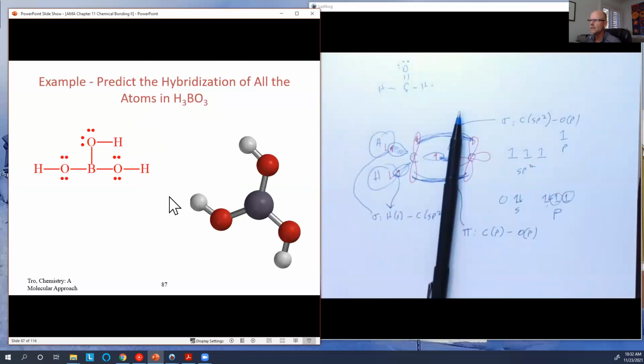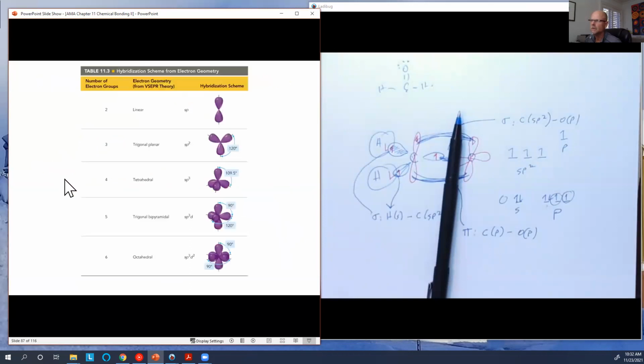So let's see if we can predict the hybridization on each of these atoms. So here we have 1, 2, 3, 4 interior atoms. Let's start with this one. How many electron groups? 1, 2, 3, 4. What's the electron geometry? Tetrahedral. So we go here and we see number of electron groups 4, tetrahedral. Aha, we know that's going to be sp3.